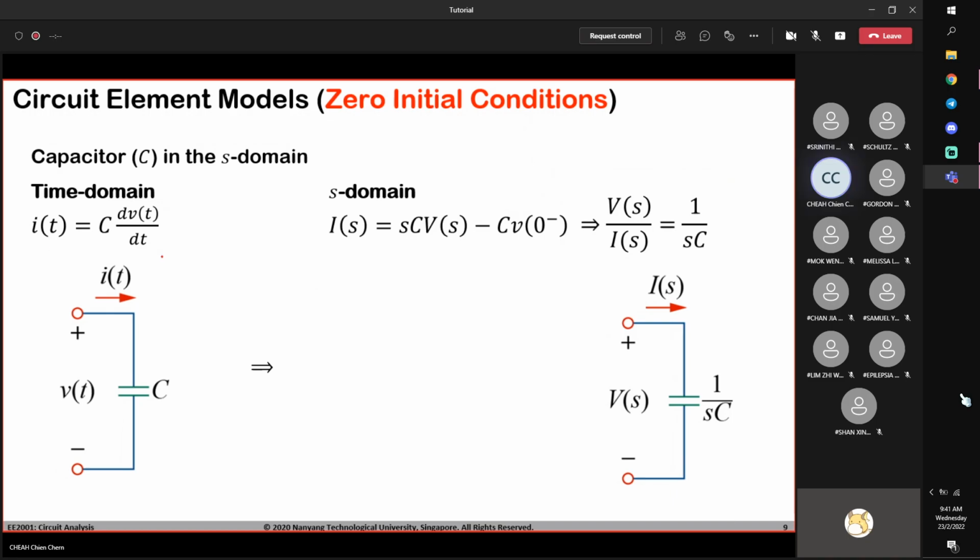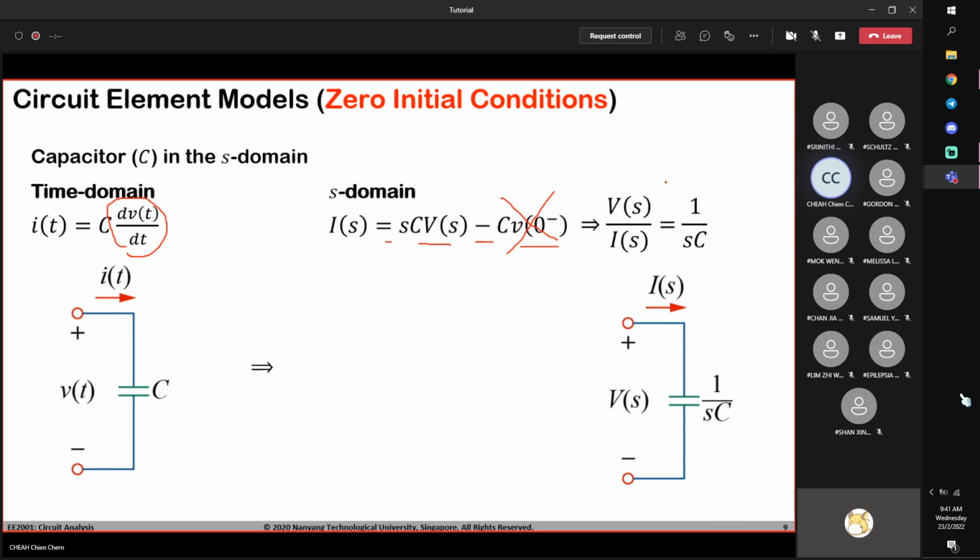Similarly, i is equal to C dv/dt. dv/dt is equal to sV(s) minus the initial voltage, and with zero initial conditions, meaning no voltage initially. For example, your handphone is fully discharged, 0%, and then you start charging from 0%, and this is how your circuit will behave. V over I will be equal to 1 over sC.